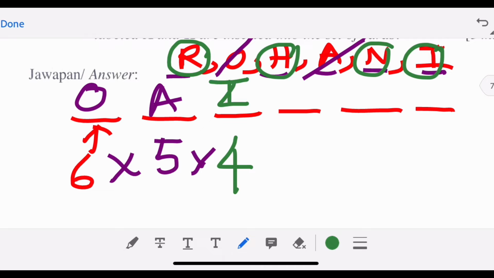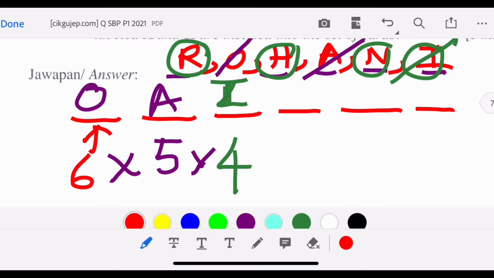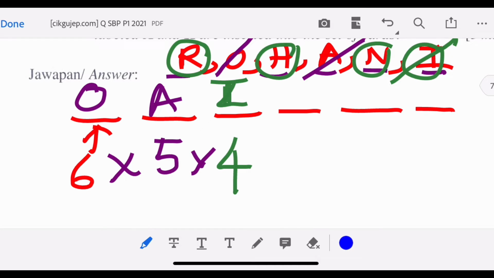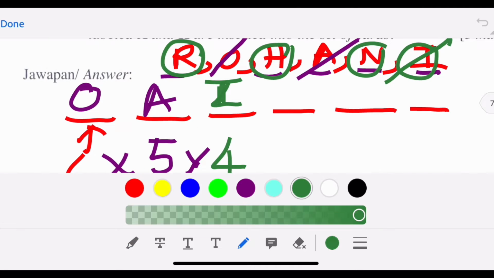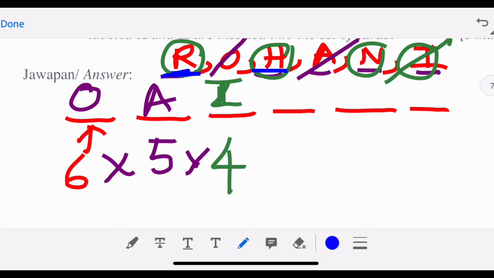We choose I, so no more I. And then we can continue using any 3 letters. We have the R, the H, the N. So let's say I choose N. Then left for me to choose, I have 3 ways.